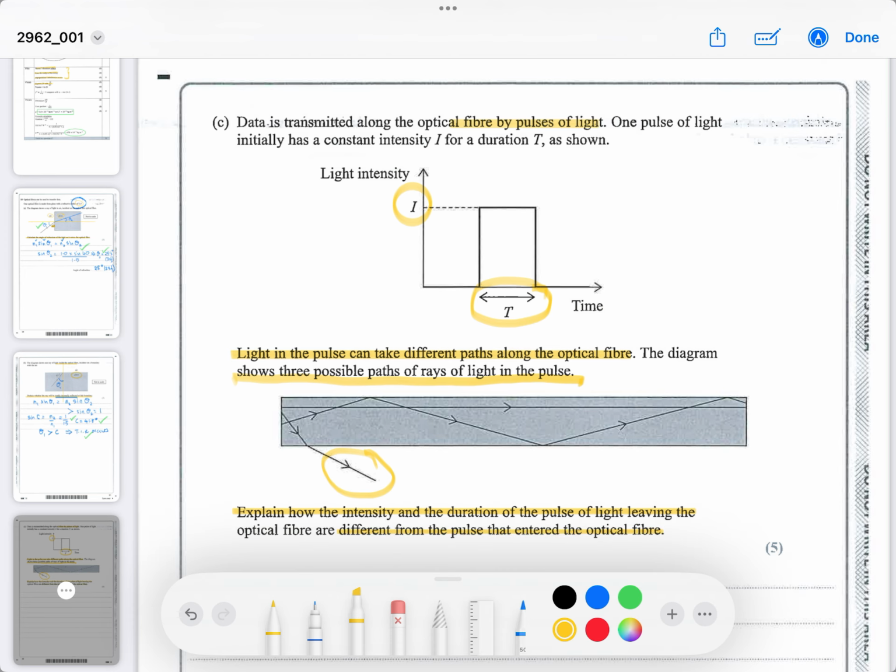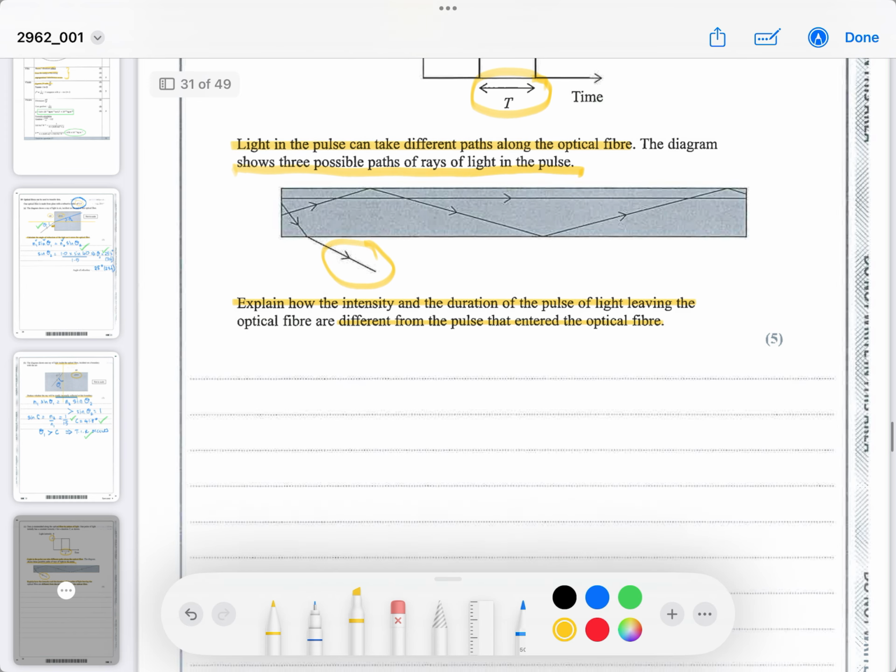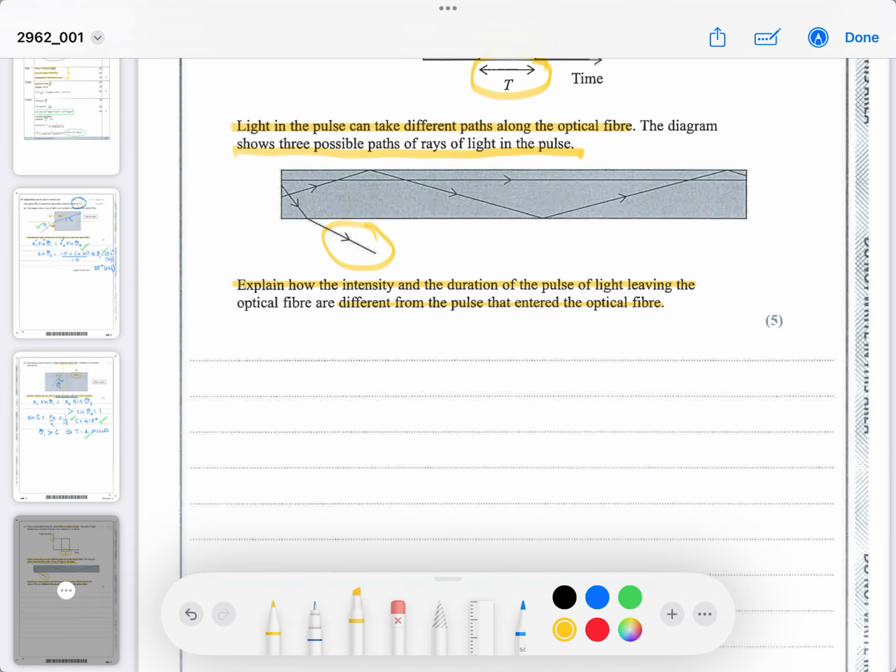So when it enters, obviously the pulse will be of a fixed duration, but each of the rays travels a different distance. You've got to mention the light rays, so let's do it in blue. The rays travel different lengths or distances.